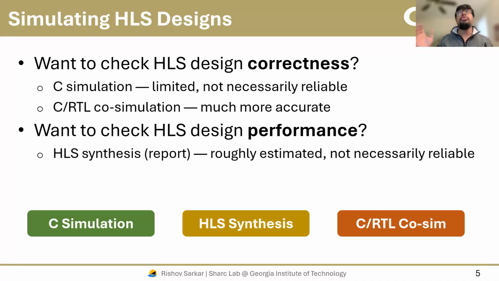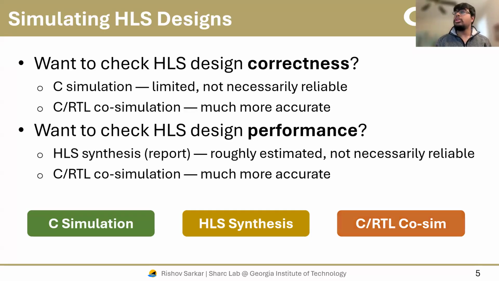So it can only estimate based on what it can gather without running the design, right? It doesn't run a test case and see how long that actually takes. It's just looking at the static analysis, just what you can infer from the code itself.